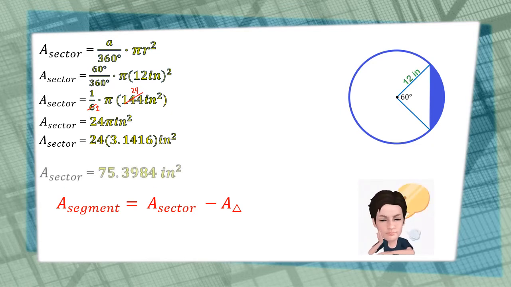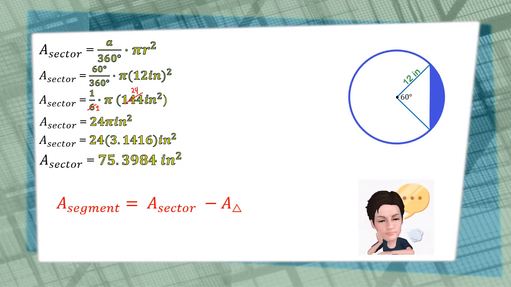Multiplying this, the area of our sector is approximately equal to 75.3984 inches squared. So for now, this is our answer for the area of our sector.